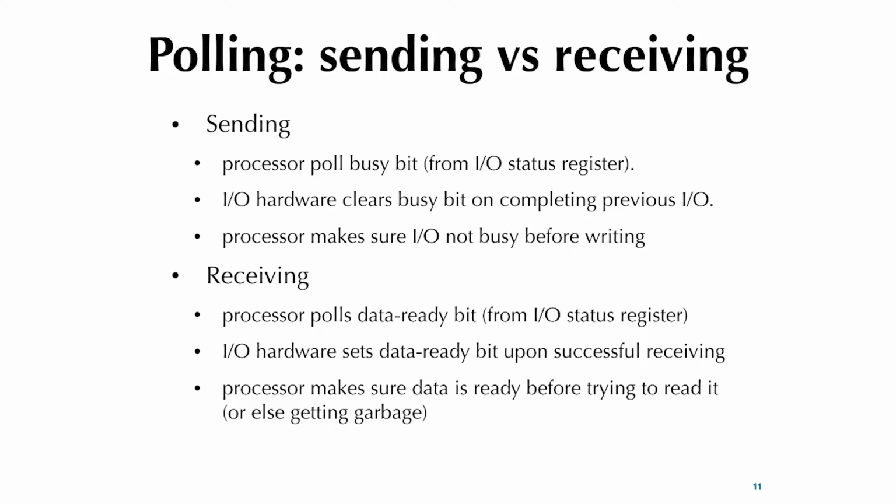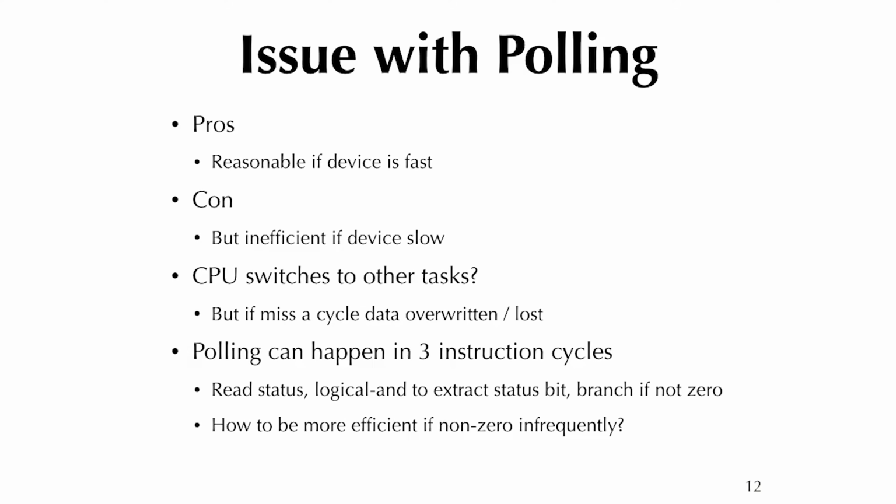If so, the hardware sets it, and then your polling loop checks it, and then you can read it out. Okay, so the processor needs to make sure data is ready before trying to read, or otherwise it just gets garbage. Now, polling can be easy to write, and in fact, if the device is relatively fast, then polling actually makes sense, right? But most of the time, the I/O is much slower.